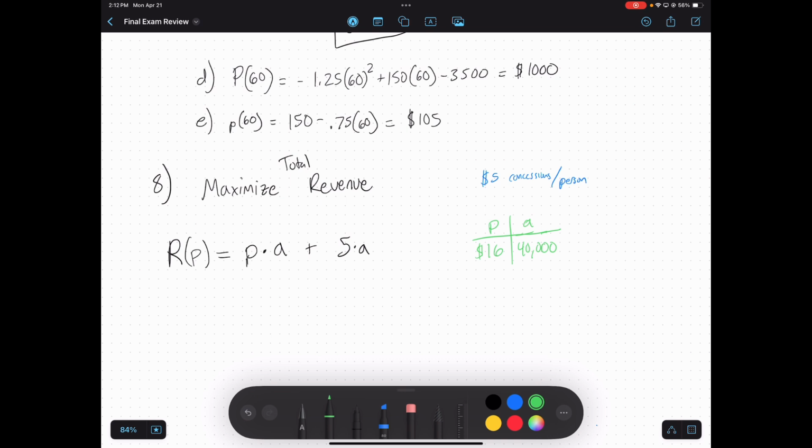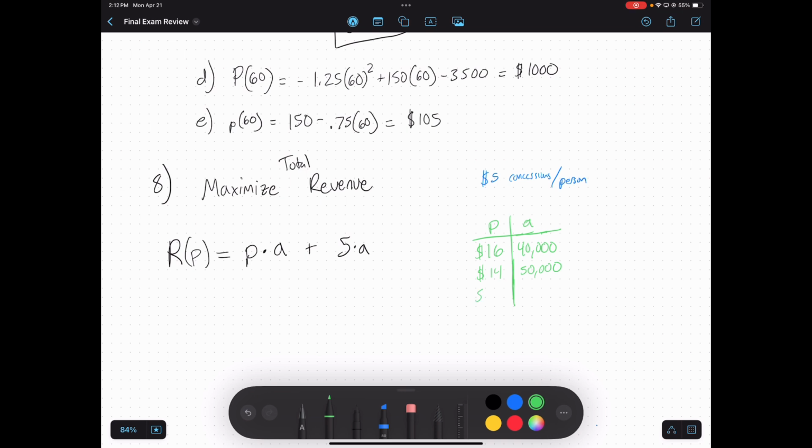And then it also tells me that if I decrease the price by $2, the attendance goes up by 10,000. Okay? Well, I can show that by just continuing my table. If I move my price down to $14, my attendance goes up to 50,000. And so on and so forth.